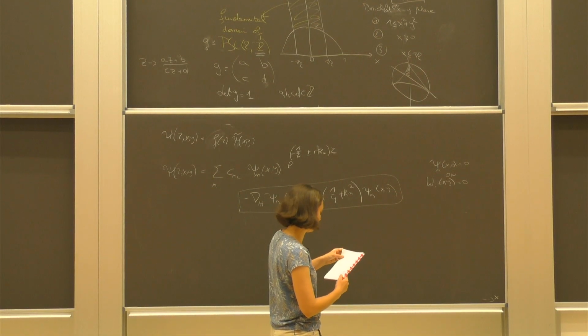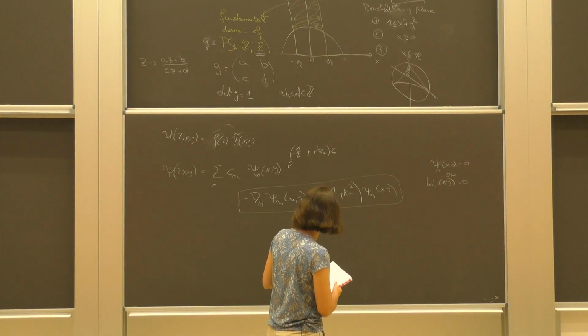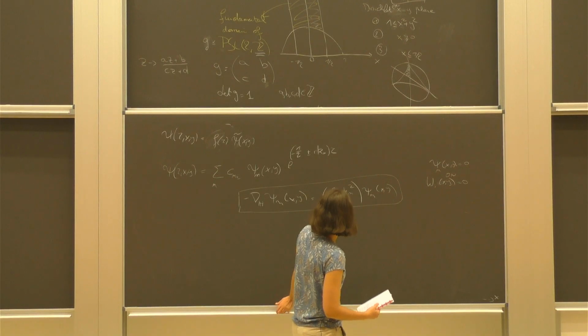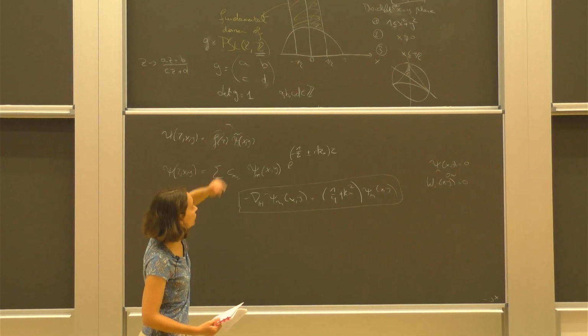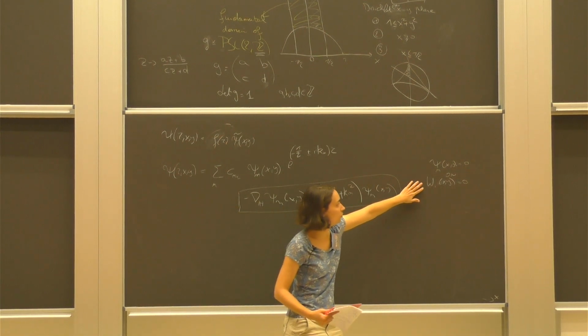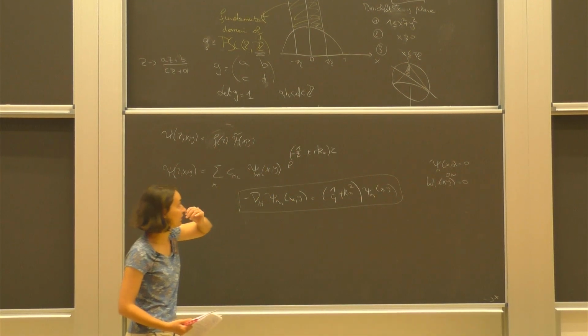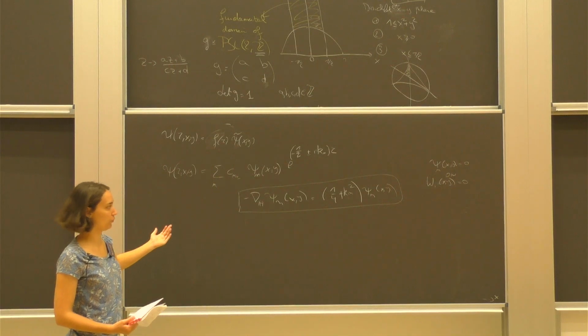And now I can say what I wanted to say before, namely the importance of the fact that the billiard domain that corresponds to these walls here is half of the fundamental domain of PSL2Z.